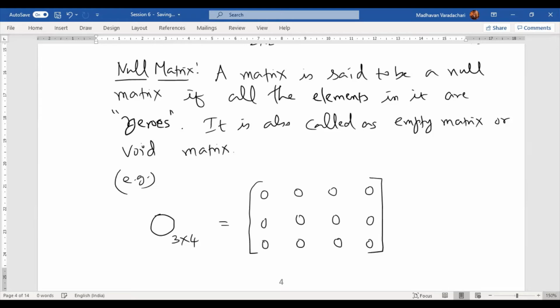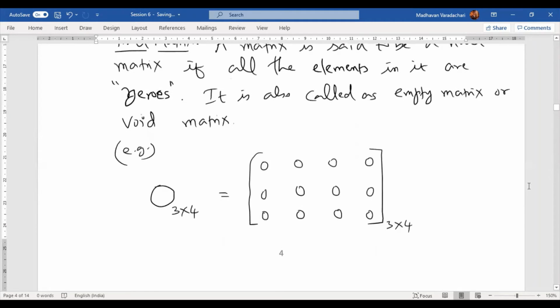If I say O suffix 3 by 4, it means it's a null matrix having 3 rows and 4 columns. All the elements are zeros. That is about null matrix.